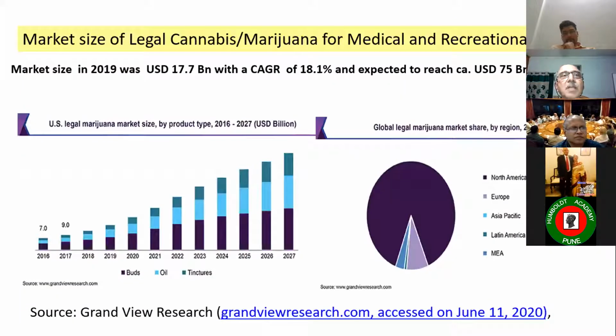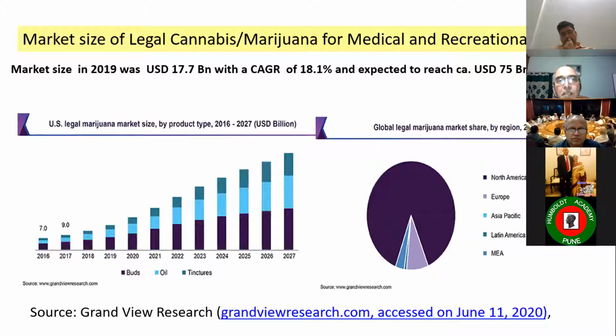Now, this is where the business is. Last slide before my conclusion, perhaps. The market size of legal cannabis is from a market report of 2020, and you can see the prediction. Today, the legal cannabis or legal marijuana market is around $19 billion US, global. 85%, on the right-hand side you see, is by US. And that is where the trick comes. And they have seen the value of it.